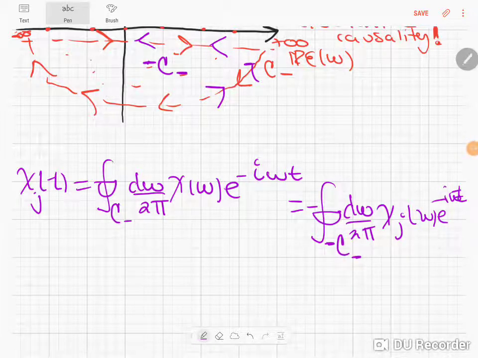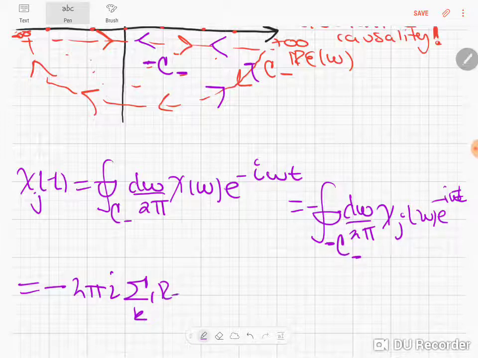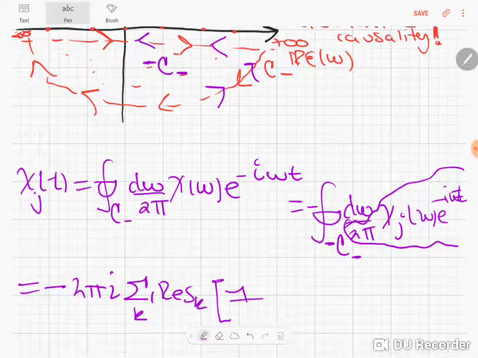Okay, and this is equal to minus 2 pi i times the summation of all the possible residues of this function here. So then 1 over 2 pi, chi sub j of omega e to the minus i omega t.